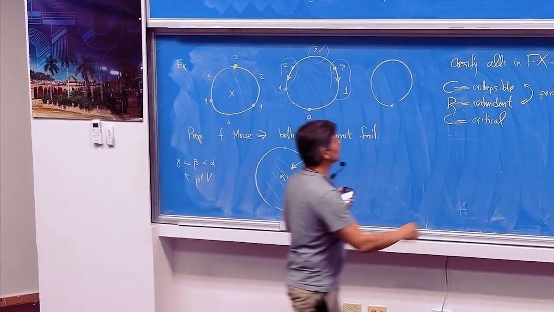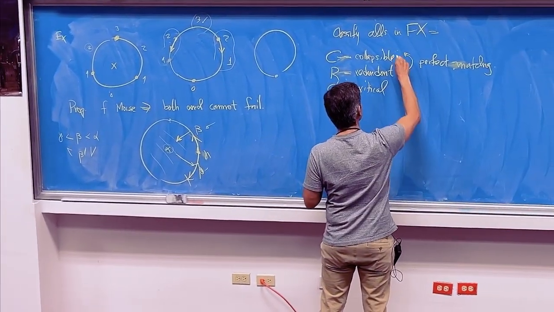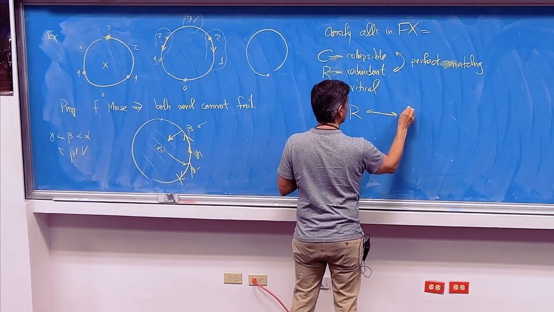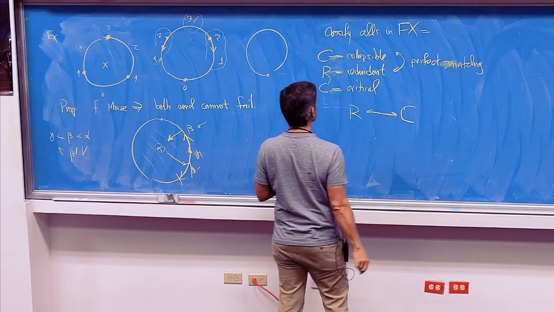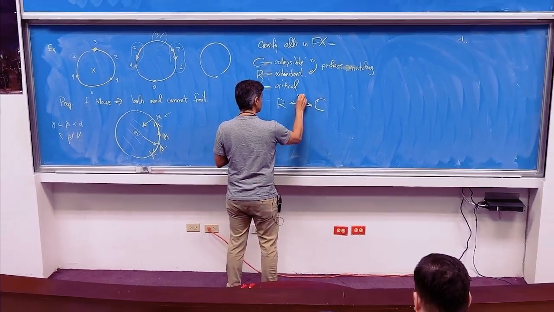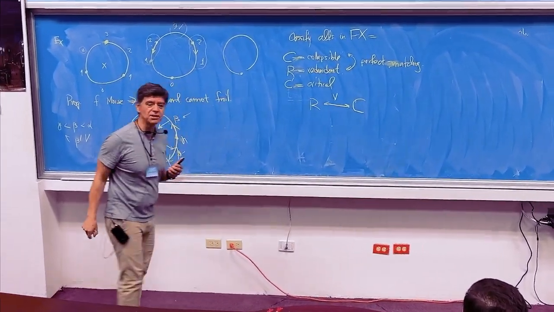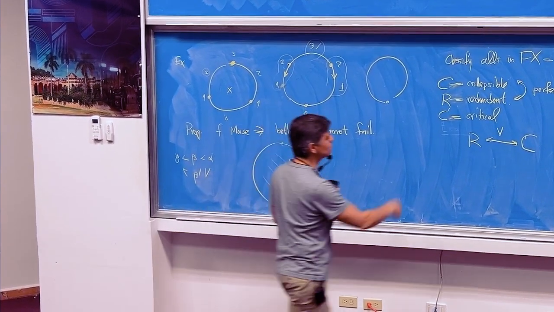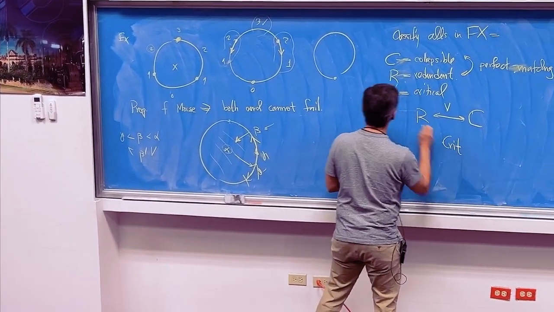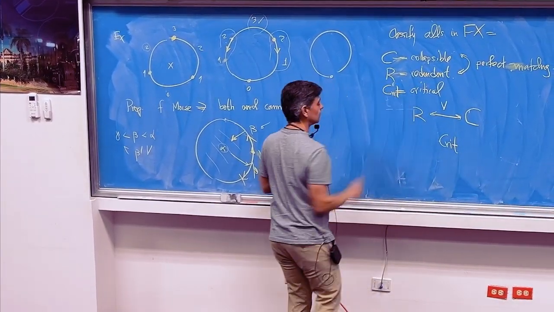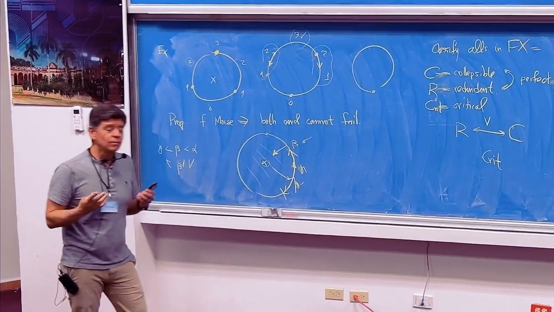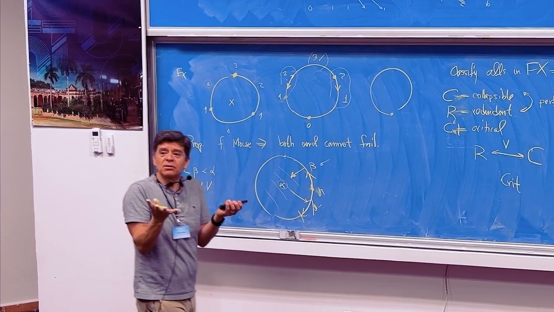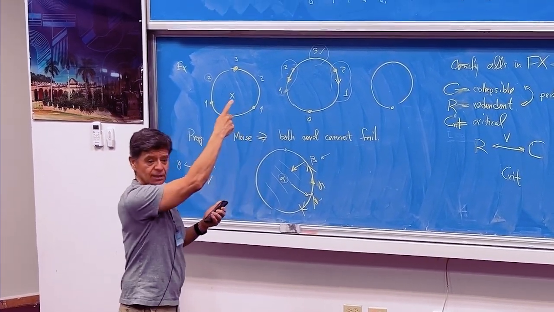Then we have a one-to-one bijection between C and R. And here is the bijection. It's a vector field. And then you have the critical ones. So that's the definition of having a discrete vector field.